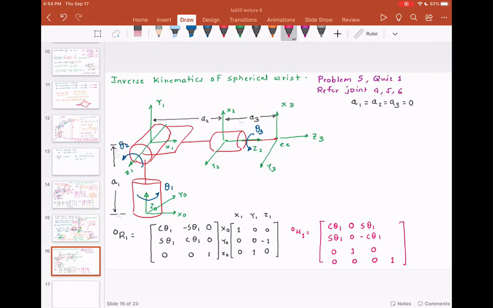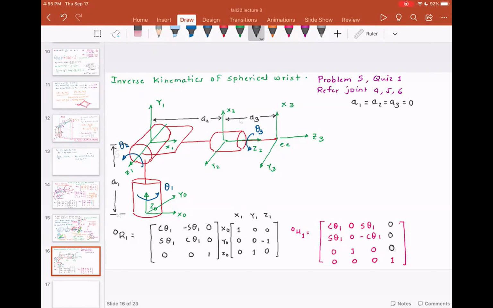I'm writing this so that we are on the same consistent page. Please notice, since A1, A2, and A3 are 0, technically I'm supposed to write A1 over here, but it's a spherical wrist, which means all the distances are 0. So I'm going to write down 0, 0, 0. Everyone with me so far? So I found my first homogeneous transformation matrix for the spherical wrist.